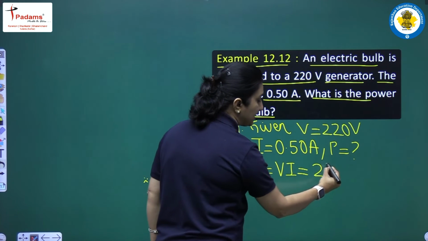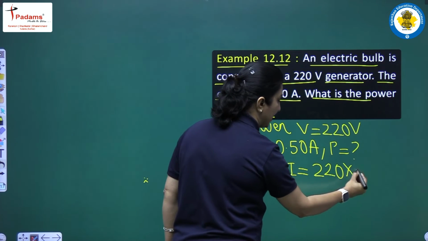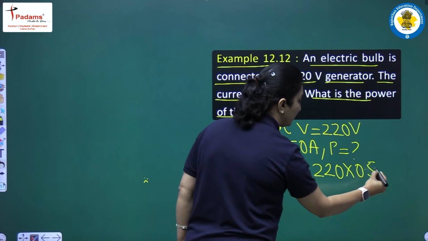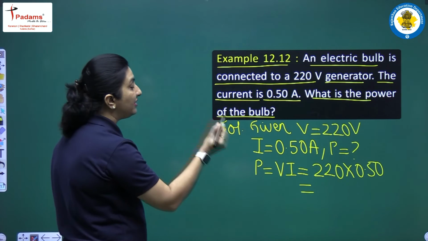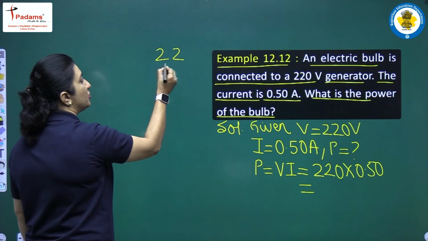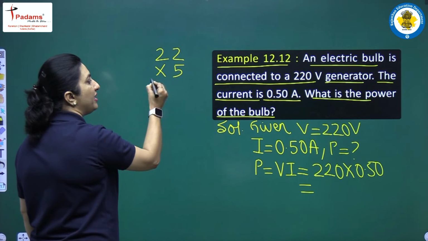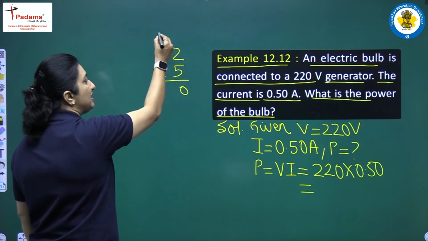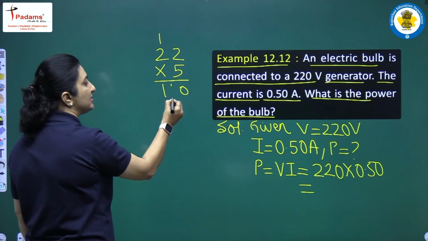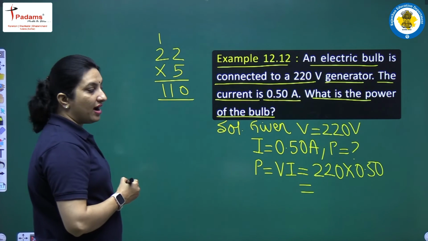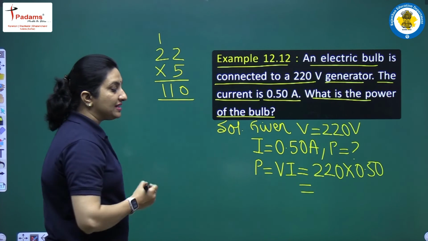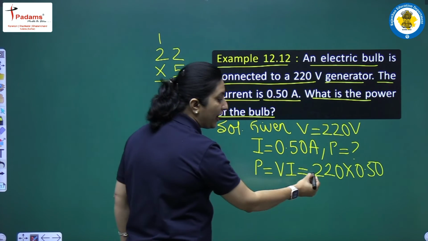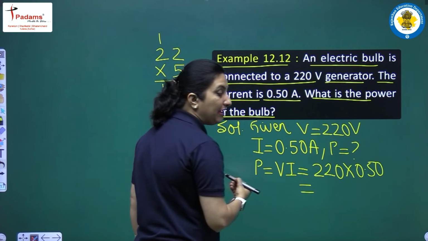So V is given as 220 and I is given as 0.50. If I multiply this 22 with 5, 5 2s are 10, 5 2s are 10 and it will become 110. 5 2s are 10 and plus 1, 11. So 110. Now I have multiplied 22 by only 5.